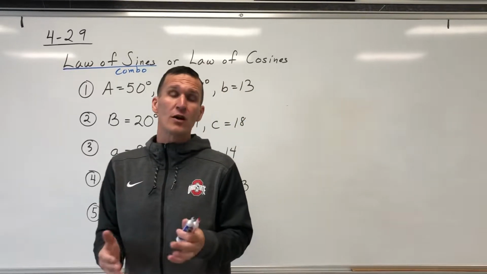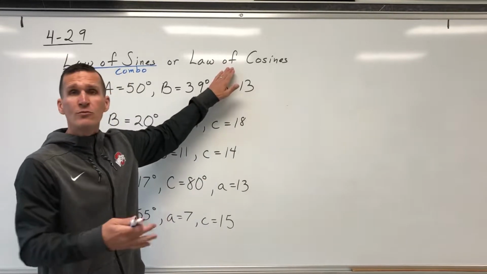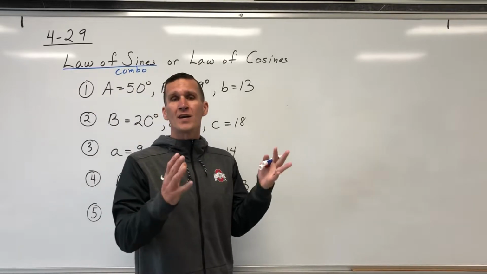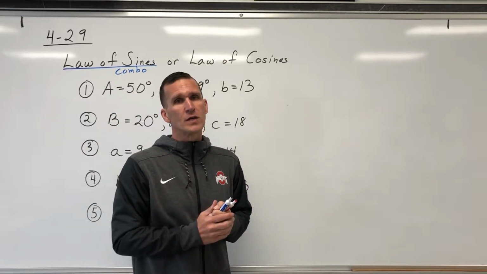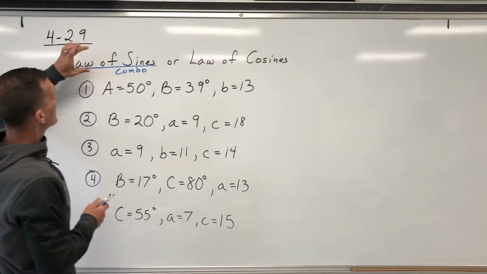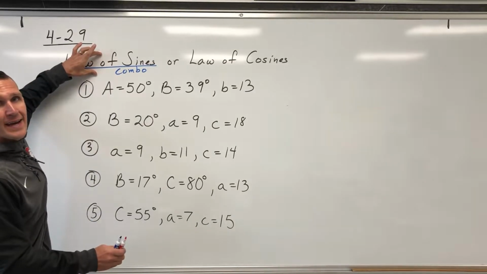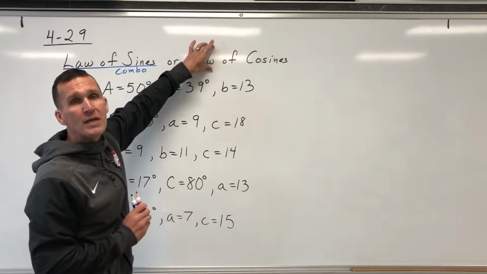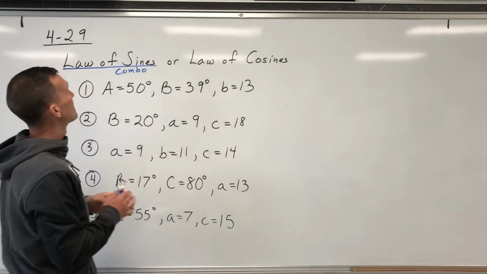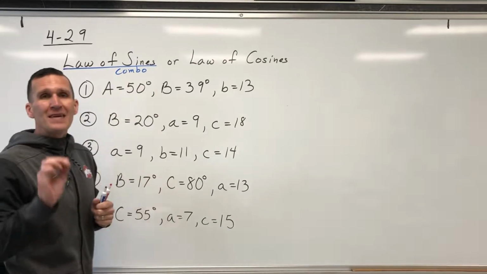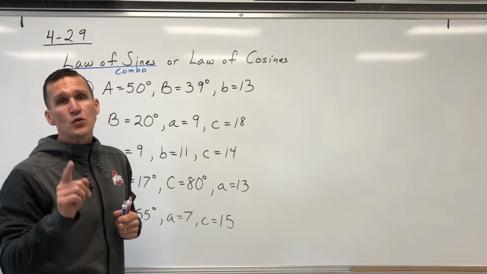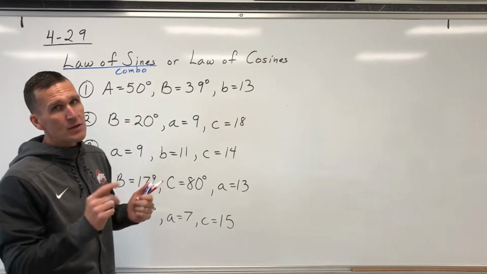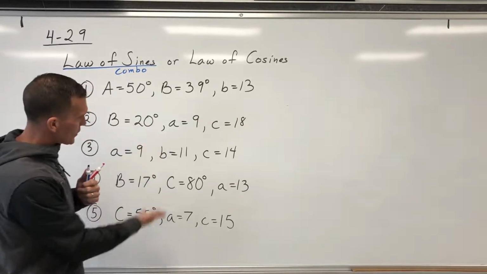Law of cosines is used when you don't have a combo. When you don't have a combo, you have to use one of those more complex equations from the law of cosines. So in short, law of sines, you got a combo. Law of cosines, you don't got a combo, but there is one trick to this. You don't have to be given the combo as long as it's really easy to find that combo. And then you should still use law of sines. I'll find that tricky one in this.